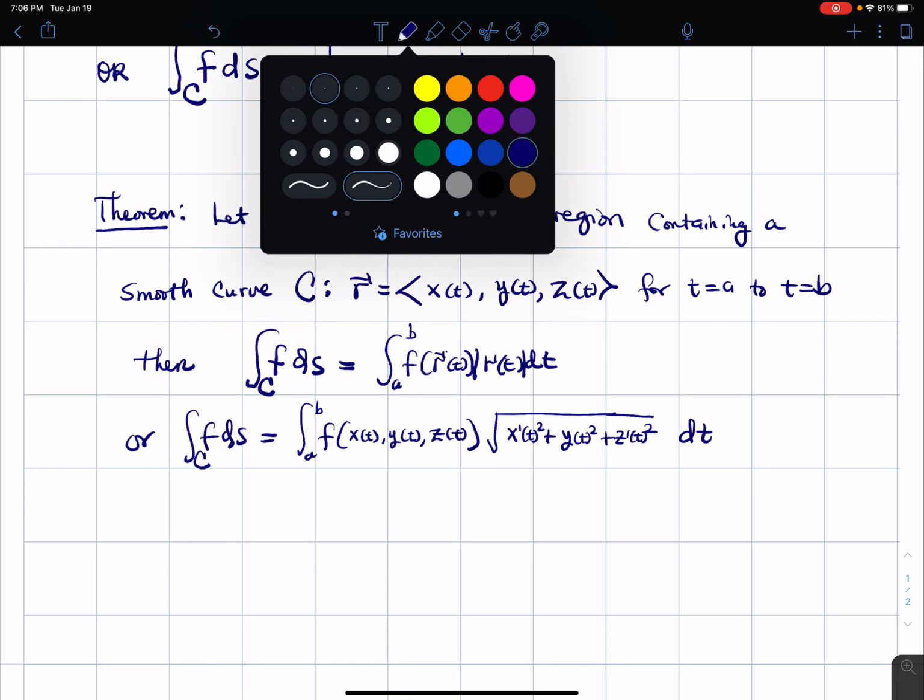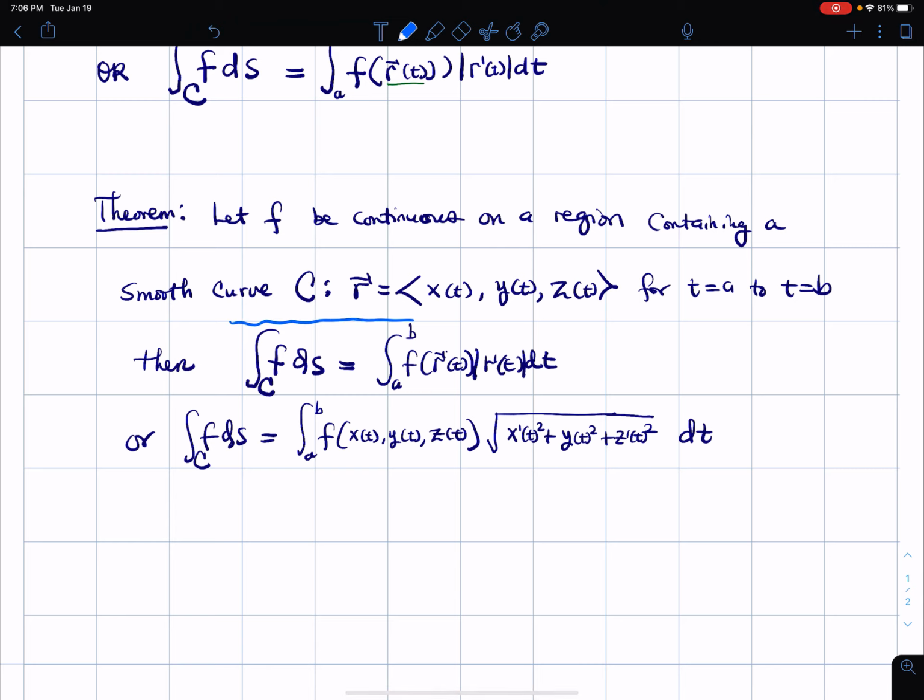So these are the formulas we're going to be working with. These are the important formulas.